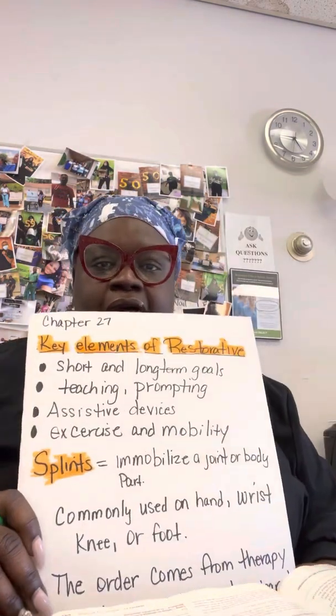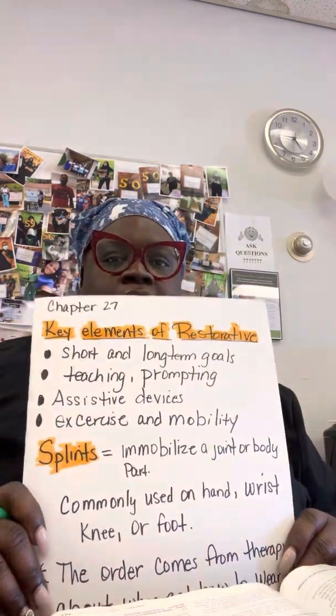So next page, I'm on page 492, helping the residents in the restorative process. When it comes to the restorative process, the restorative program has key elements. The restorative program has short and long-term goals.